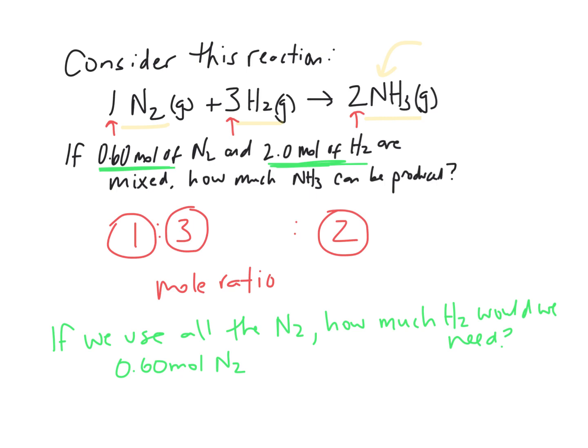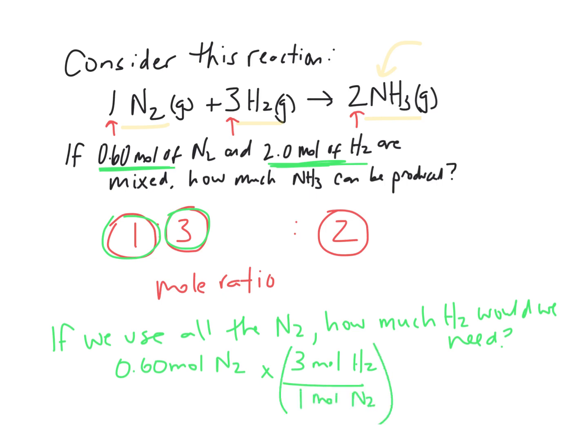So hopefully you realize to figure that out, we have to use these mole ratios. We have to use the 1 to 3 ratio. So if we're going to use 0.6 moles of nitrogen, the number of moles of hydrogen required for that is going to be times 3, because you need 3 moles of hydrogen for every 1 mole of nitrogen.